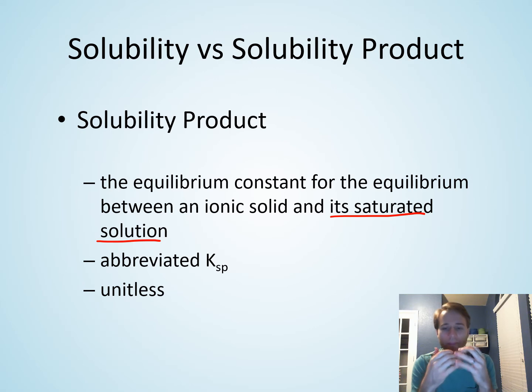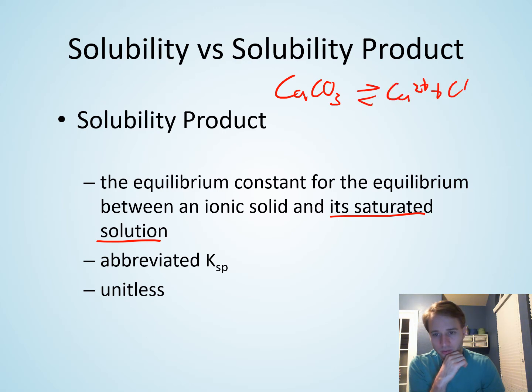Remember, a saturated solution is the amount of ions that I can put in solution before I start forming solids. It's the concentration of ions that are in equilibrium with solid in that solution, and that equilibrium is related to this equilibrium constant expression.